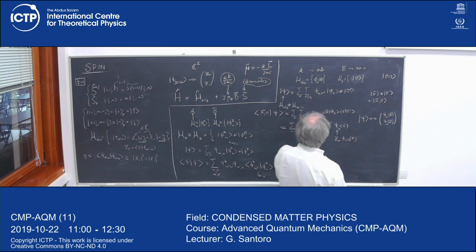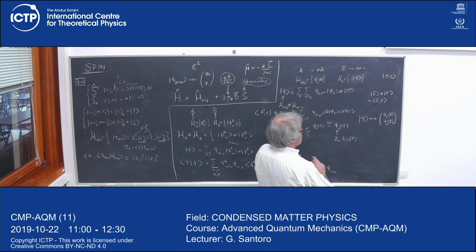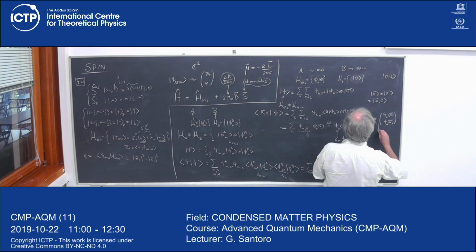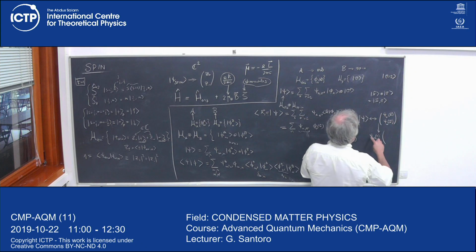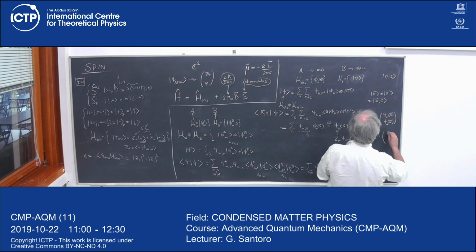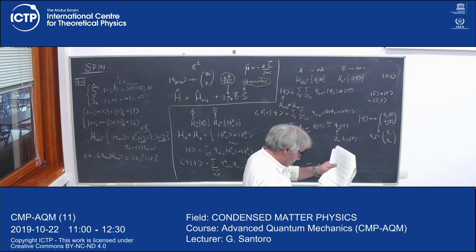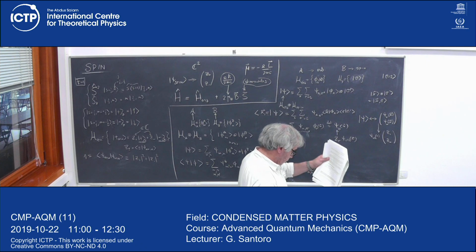In other words, if there is factorization, this object is also factorized into psi orbital of x times a spinor. So the same orbital appears here and here, and there is z plus, z minus. Is it clear? Good.